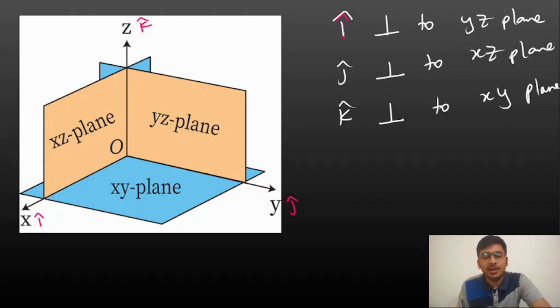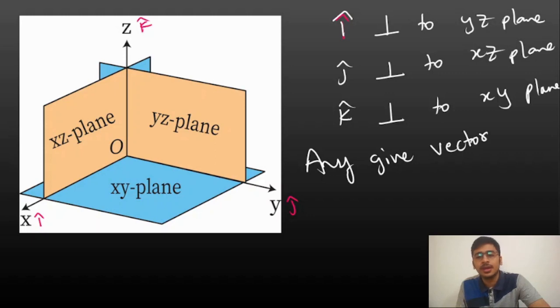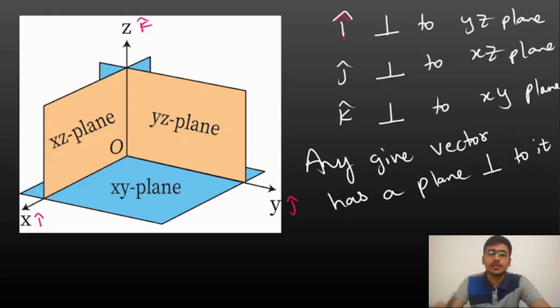Vectors are represented by an arrow, it's true, but any given vector has a plane perpendicular to it. Take any vector, it has a plane which is perpendicular.